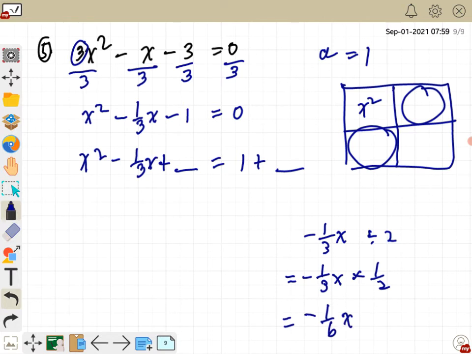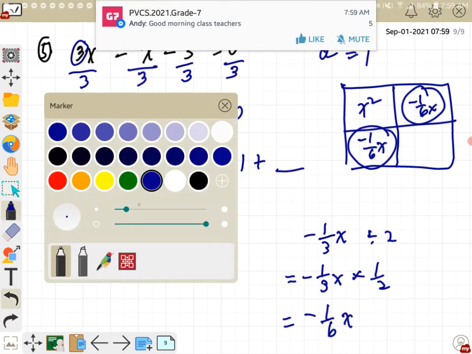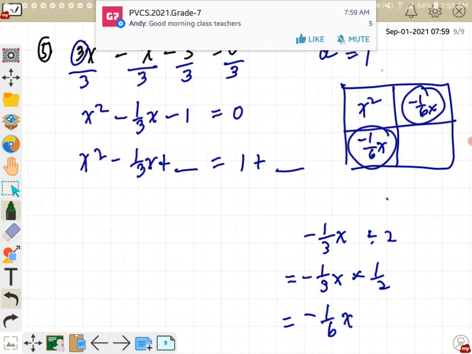So 1/3 cut into 2 is 1/6. So this is negative 1/6 x, negative 1/6 x. So now we try to factor. We know that x squared is x and x.